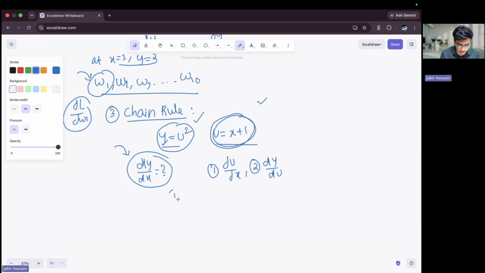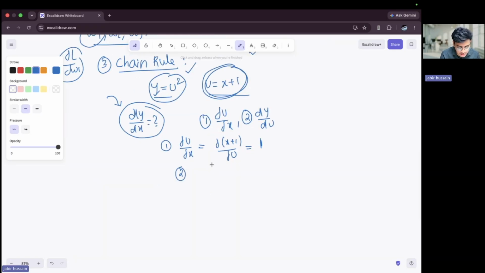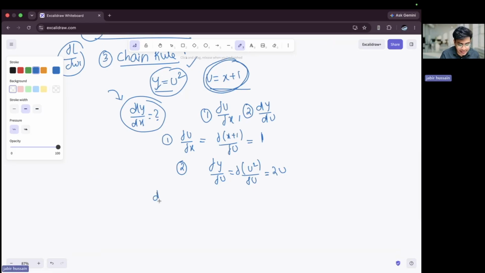So first of all, let me calculate du by dx. It will give you d of x plus 1 divided by dx, which gives 1. That's it, right? And the second expression is dy by du. So dy by du will give d of u square by du, which gives 2u. Okay, now to calculate dy by dx, instead of substituting and expanding the square, you don't have to do anything.